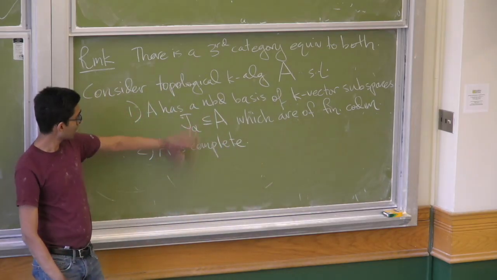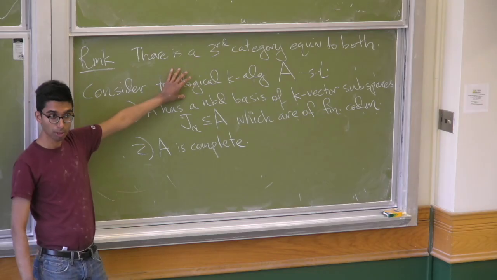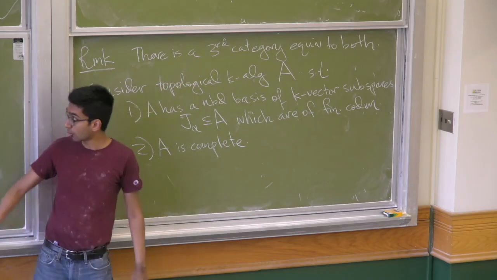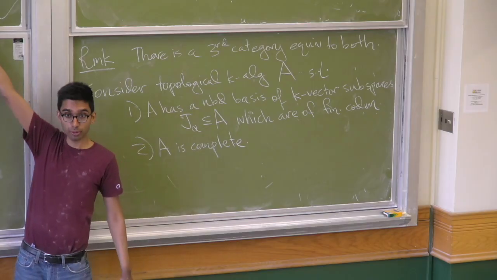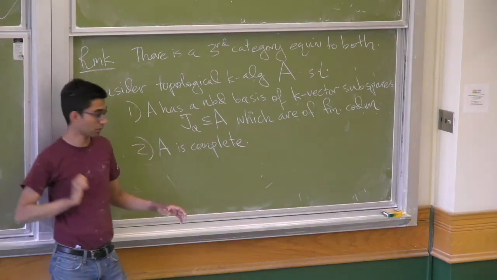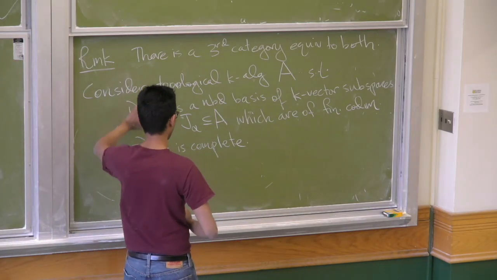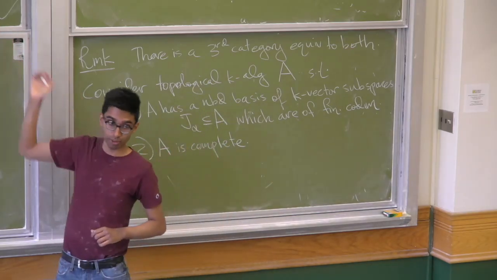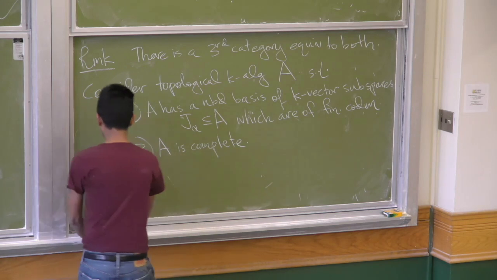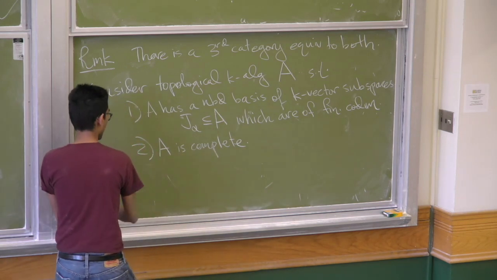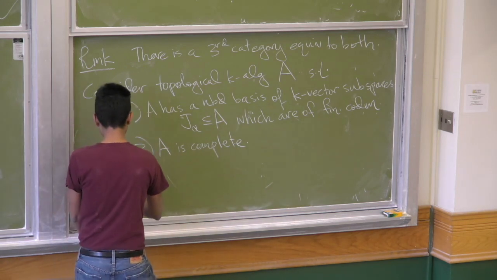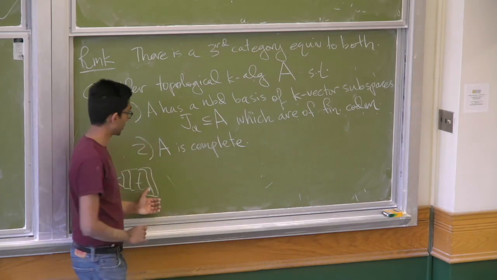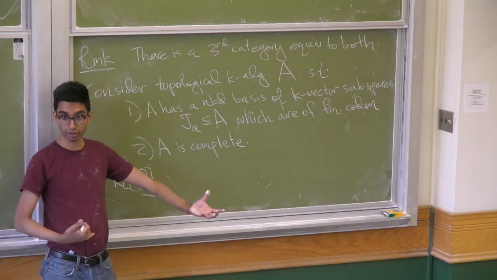So the idea is that if we have one of these topological K-algebras, we can produce a functor. Let me explain how this is related to both of the categories over here. By the way, an example of such an A could be K double brackets T with the T-adic topology.